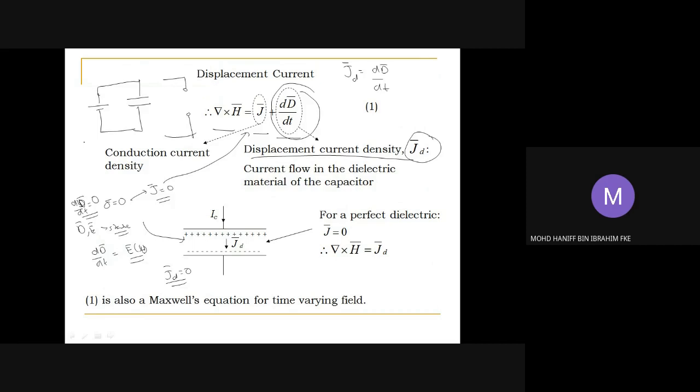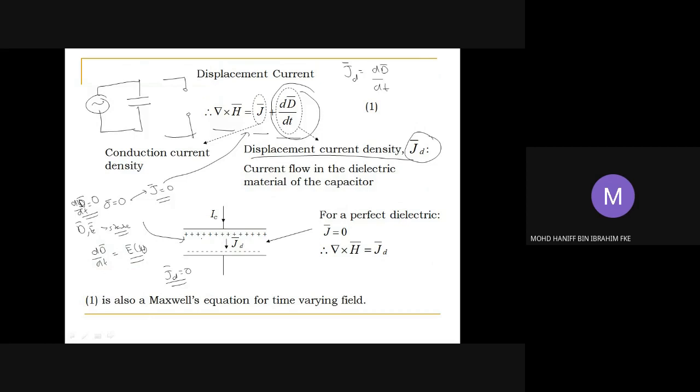For the case of a static field, there is no displacement current density. Displacement current density will exist only when you have a time varying field. So that's why this capacitor will operate only when we have a time varying field, or in this particular case, the AC current.